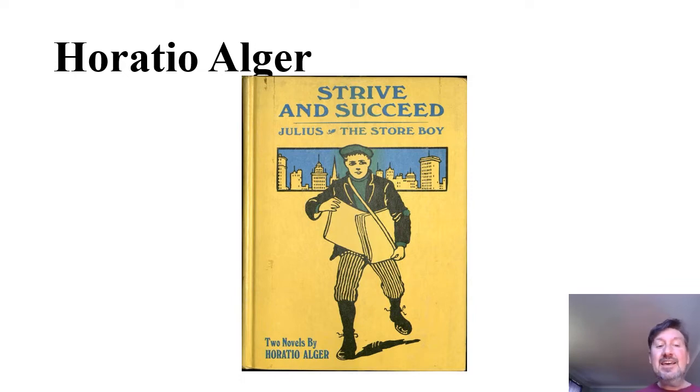Alger was the author of fictional stories about and for young American men that promoted the myth of upward class mobility through hard work. The idea that you can just pull yourself up by your bootstraps.